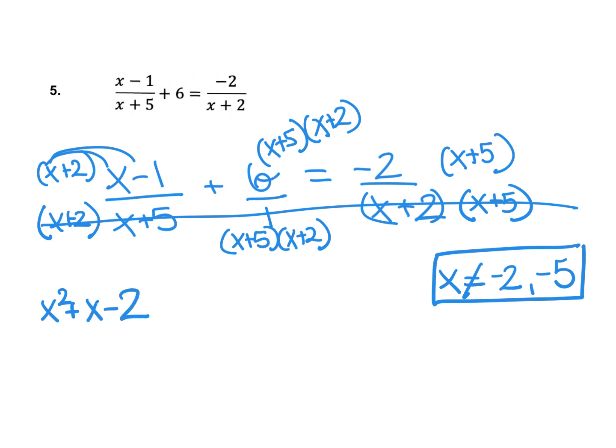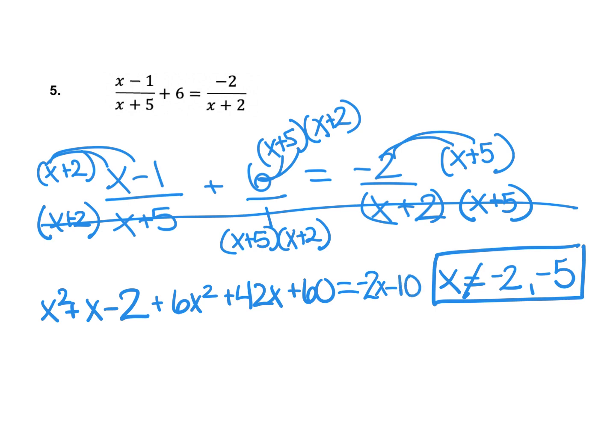And now when you distribute here, and then you FOIL it with x plus 2, you're going to get plus 6x squared, and then you'll have plus 42x plus 60, and that's going to be equal to, and now again you're going to distribute here, and you'll get -2x minus 10. So now let's combine our like terms.